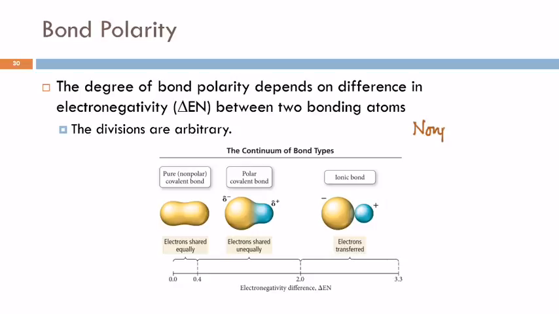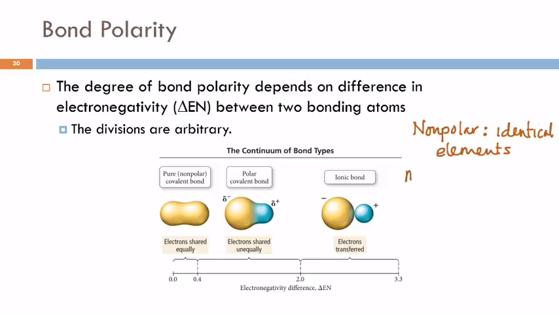So nonpolar, identical elements. So if you have two hydrogens bonded to each other, it's a no-brainer. They're the same element. The difference is 0. They're going to be nonpolar.